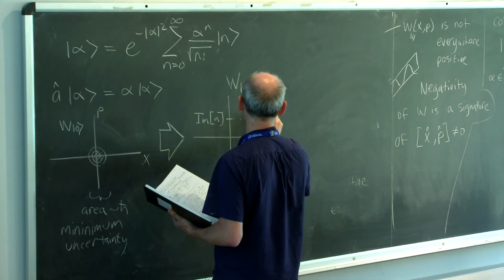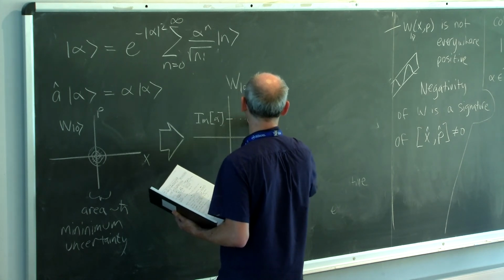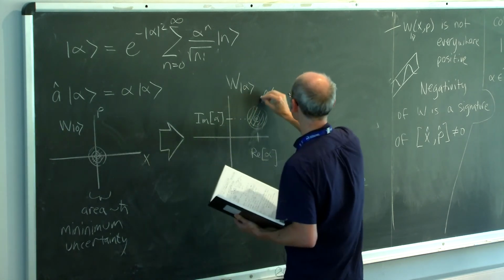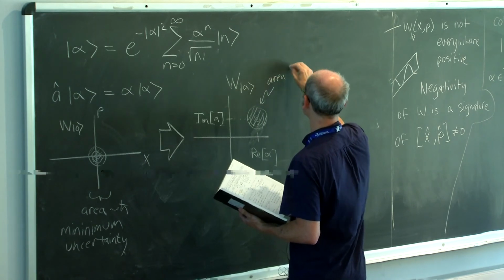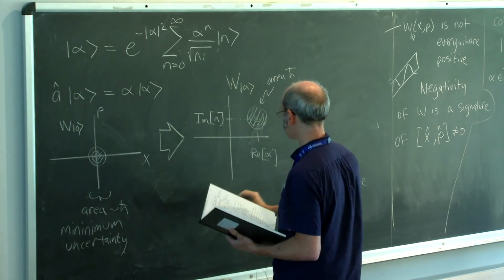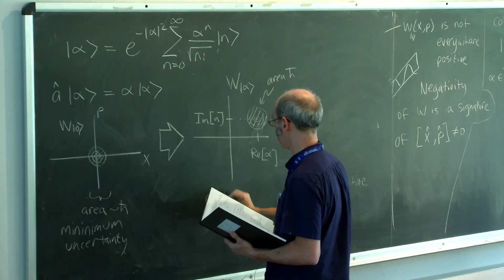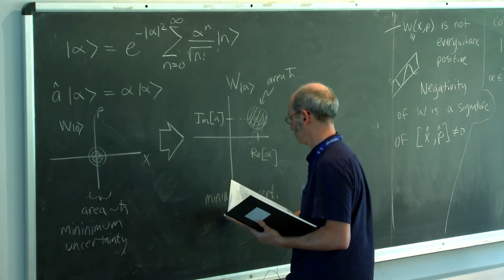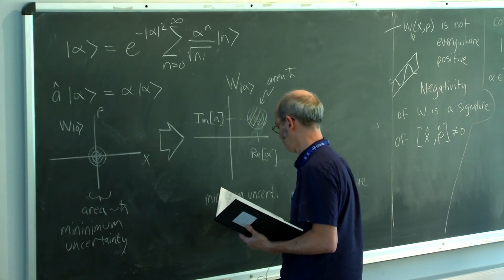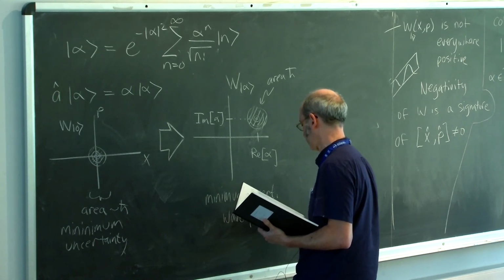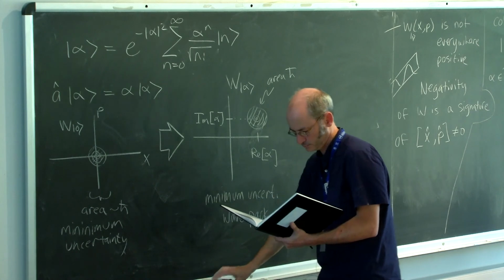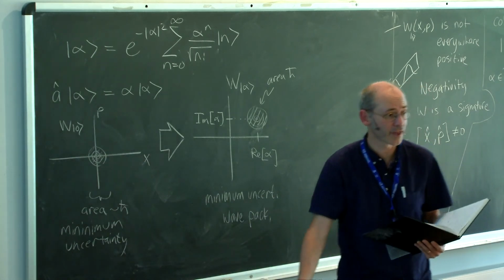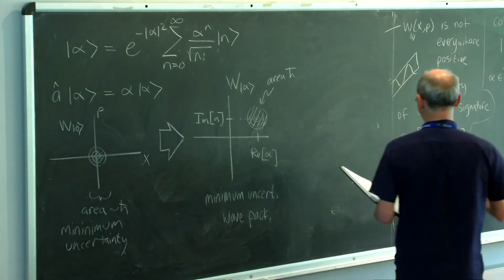So it also just looks like a 2D Gaussian of area h bar. So it is also a minimum uncertainty wave packet. Okay, so that's what I wanted to say about the statics of coherent states.